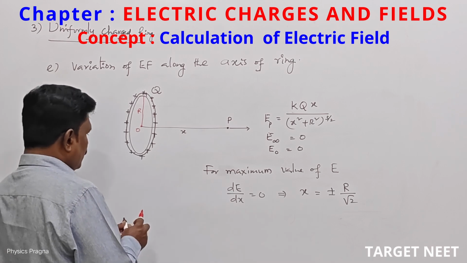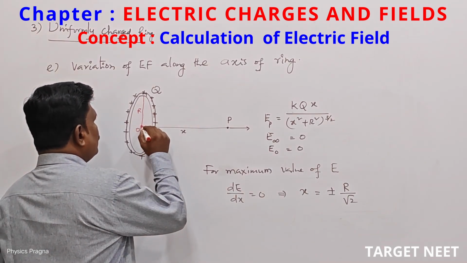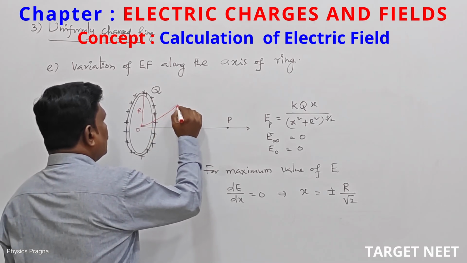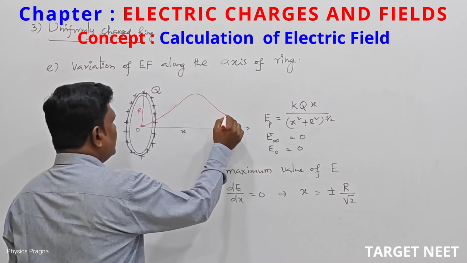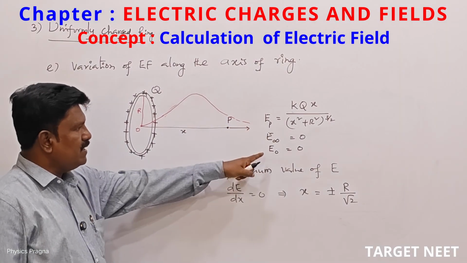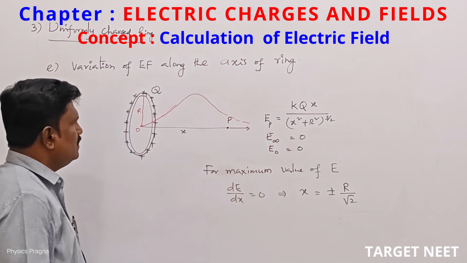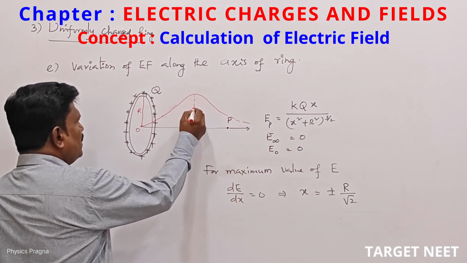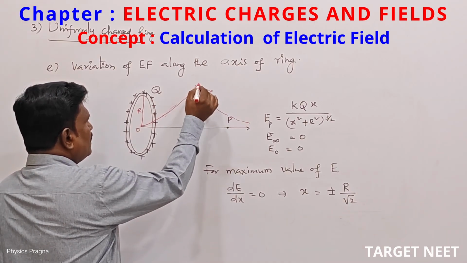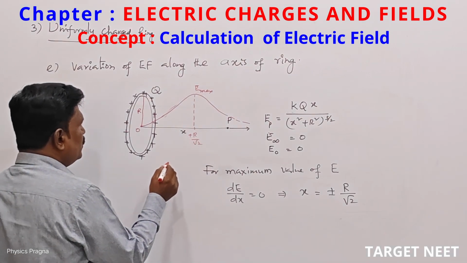So here, if you draw a graph, it becomes maximum and then it decreases. It won't touch the x-axis. Why? Because at infinity it is 0, so we have to leave a gap here. This is the maximum value of electric field, at plus r by root 2.